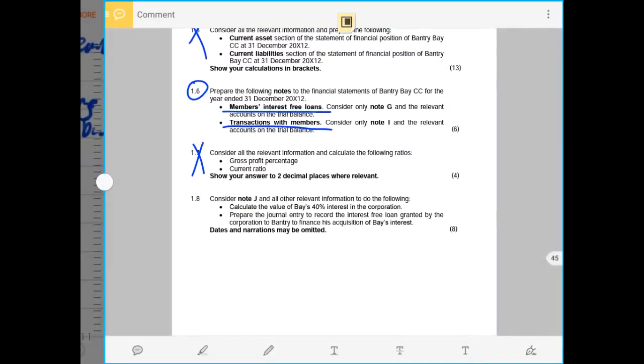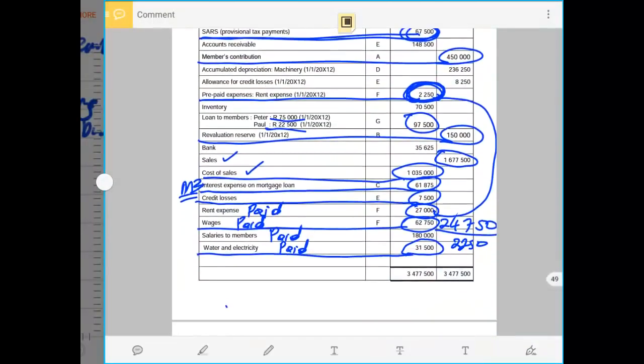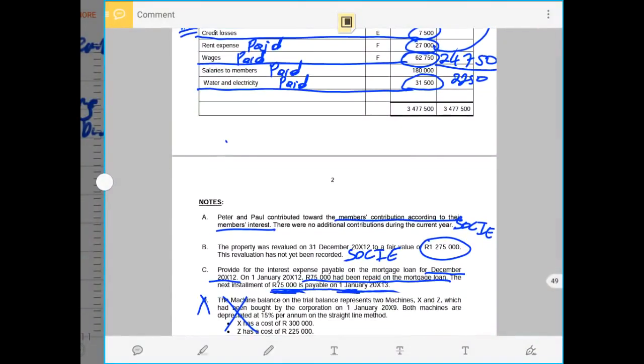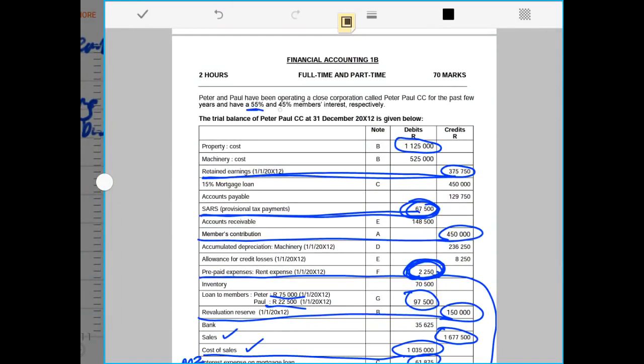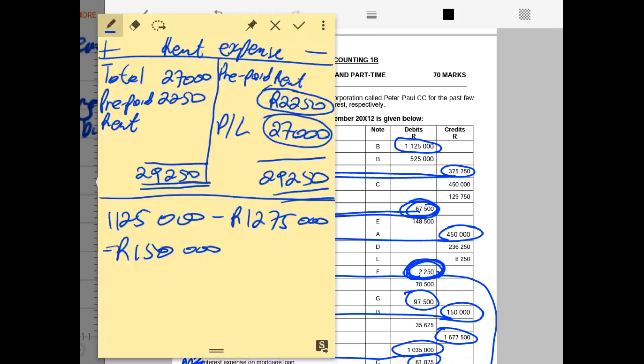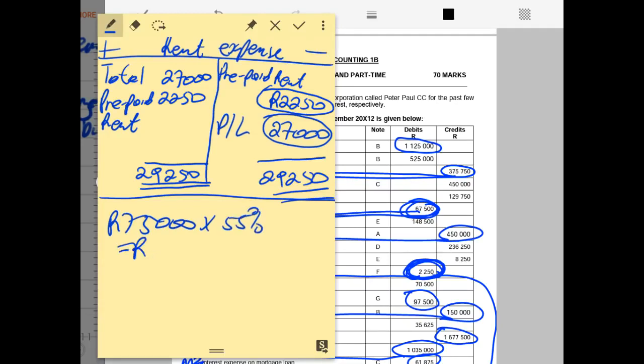So now what do we do? We take the members' interest, which is 55% and 45%. So now with that, we have to split the 75,000 using the members' interest. We say 75,000 rands times 55%, so that we get the portion of Peter.